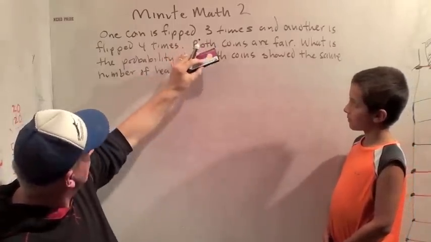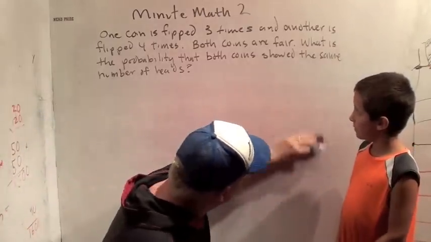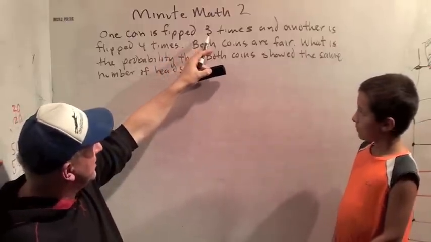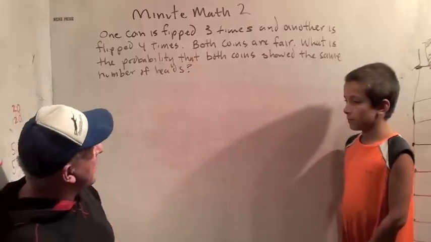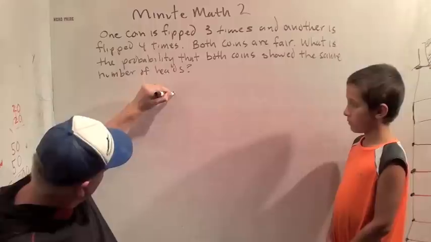Okay, so one's flipped 3 times and another's flipped 4 times. So there's actually some pretty neat math here. When you flip a coin 3 times, how many different values of heads can you get over the course of those 3 flips?